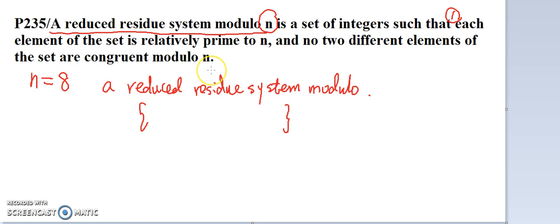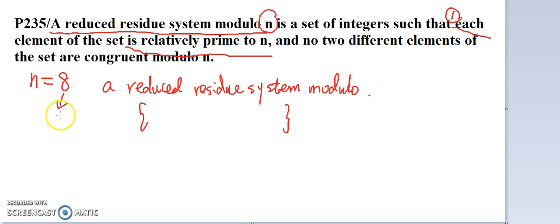We start with, say, the number 1, because we have to make sure the number in the set is relatively prime to n. So n is 8, and we're trying to find all the numbers that are relatively prime to 8. Relatively prime means that these two numbers don't have any common factor except 1.